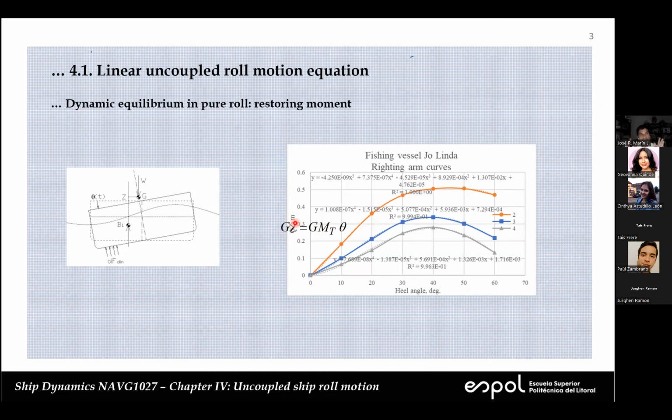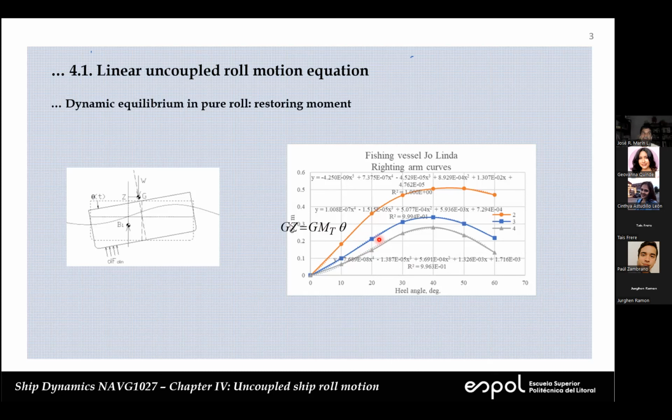Because we assume... it's something very interesting, right? When you do an inclining experiment, the classification societies ask you to move one weight a certain distance and measure how much is the inclination of the vessel. But this inclination cannot go further than 2 degrees. Why is that?